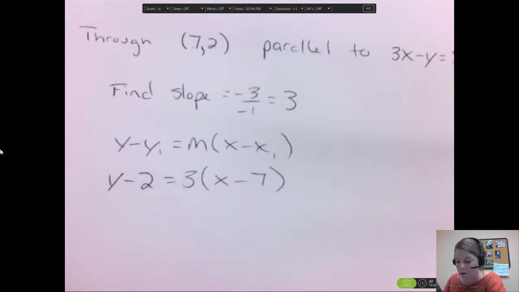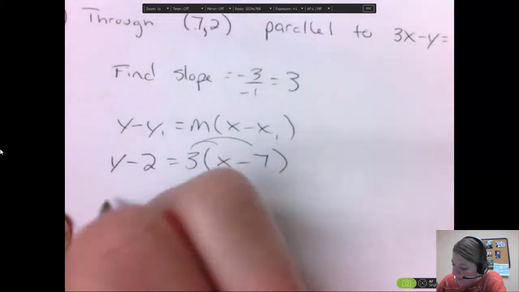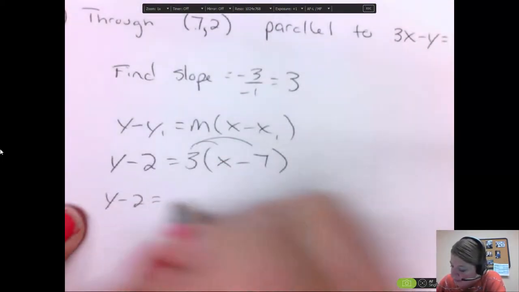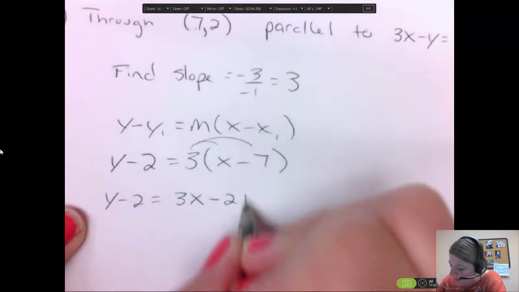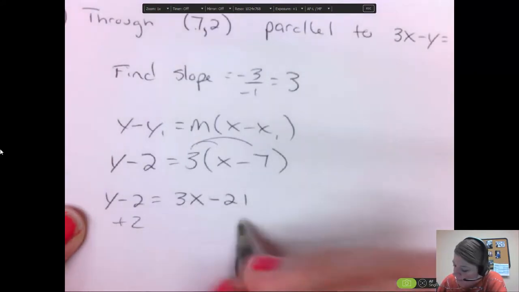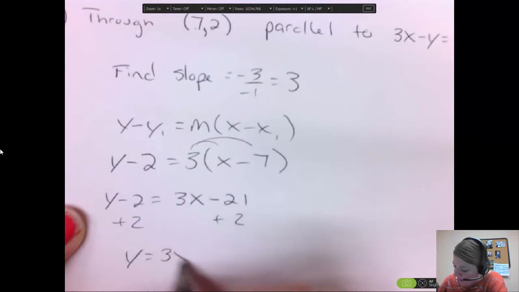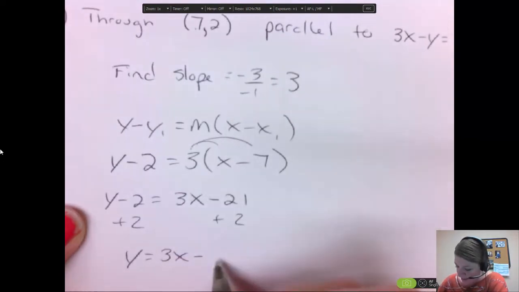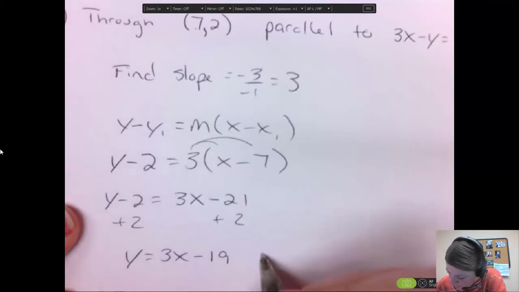Let's just show all of the forms. So then I would times the 3 through here. So I get 3x minus 7 times 3 is 21. Okay, then I add the 2 over, and y equals 3x minus 19. So this is slope-intercept.